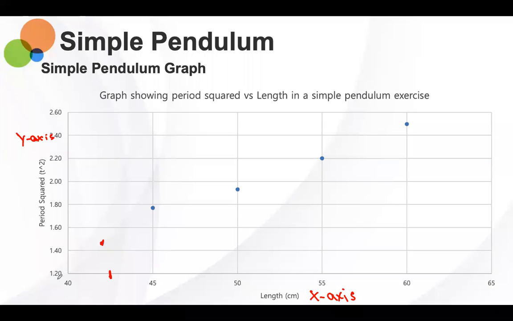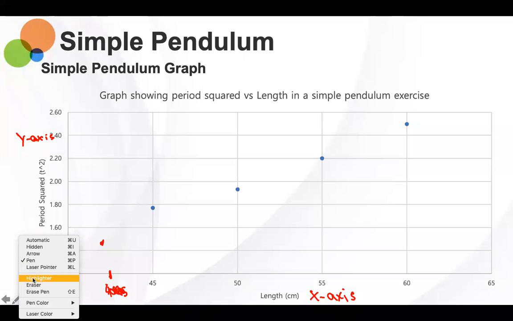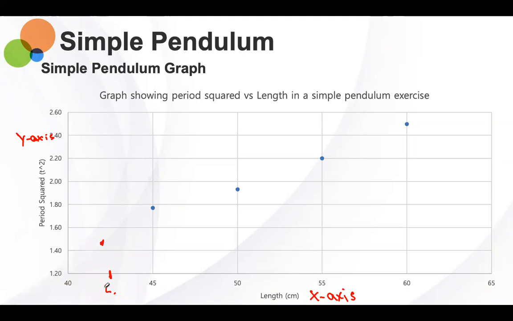Yes, so 42.5, right? If we divide 5 by 2, we'll get 2.5. Sorry, 42.5. So in the middle here, we see 42.5.